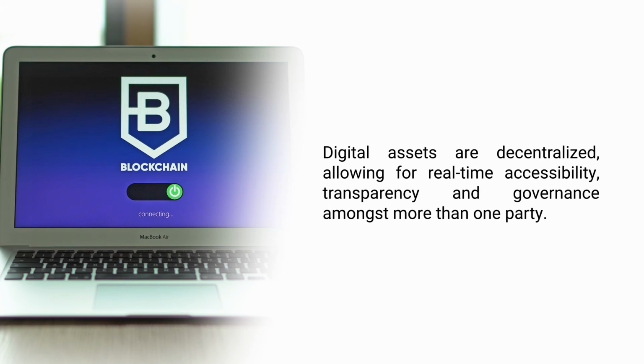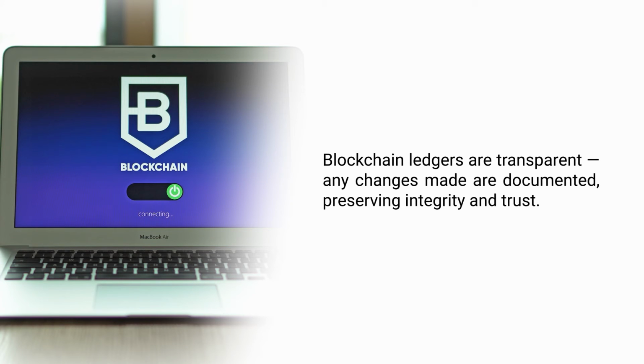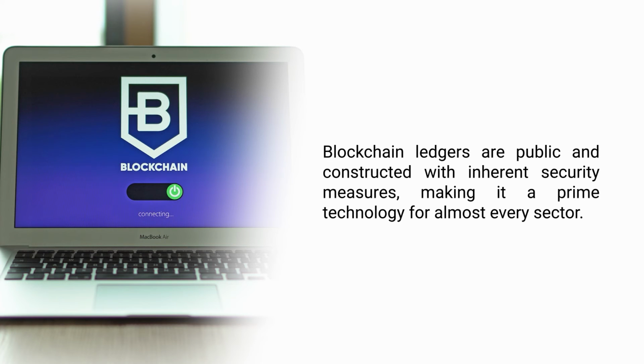Digital assets are decentralized, allowing for real-time accessibility, transparency and governance amongst more than one party. Blockchain ledgers are transparent. Any changes made are documented, preserving integrity and trust. Blockchain ledgers are constructed with inherent security measures, making it a prime technology for almost every sector.